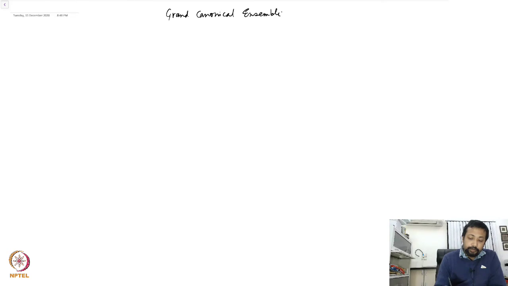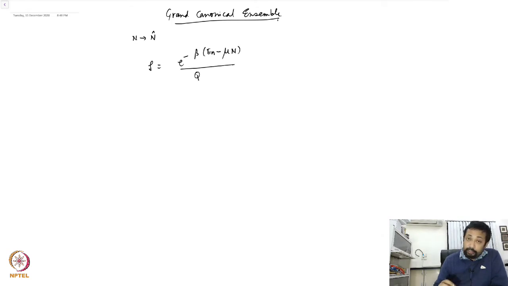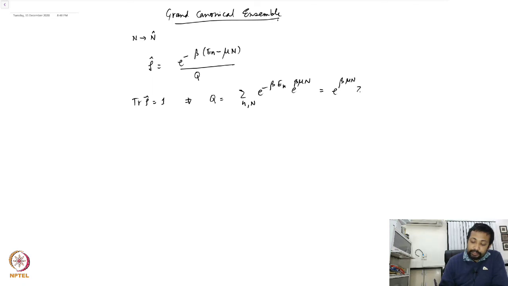For a fixed system, we have this operator N cap, and the corresponding density is given by e to the power minus beta (E_n minus mu N) divided by capital Q, where since trace of rho is equal to 1, this implies that Q is the sum over N, n of e to the power minus beta E_n e to the power beta mu N, which is again e to the power beta mu N z to the power N summed over N.